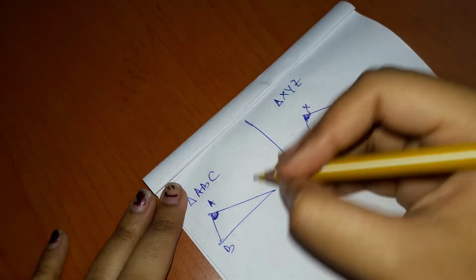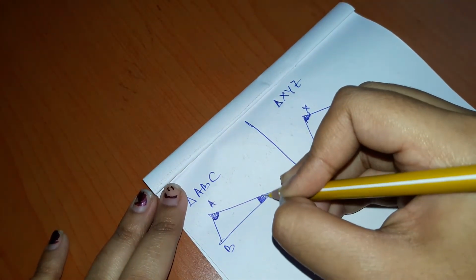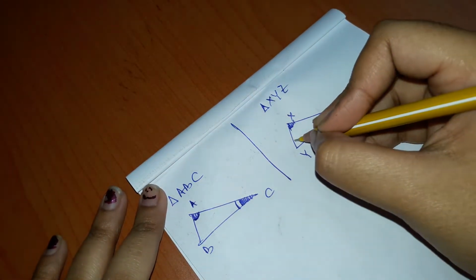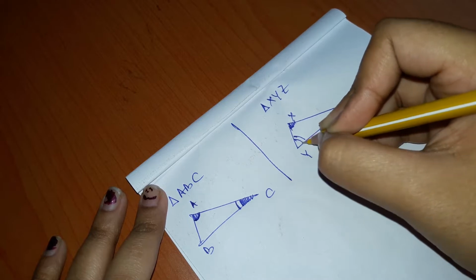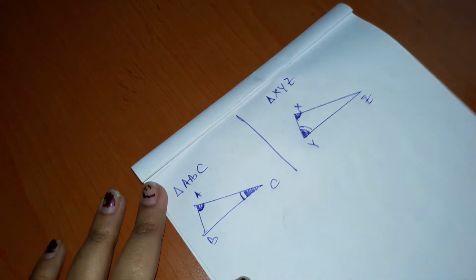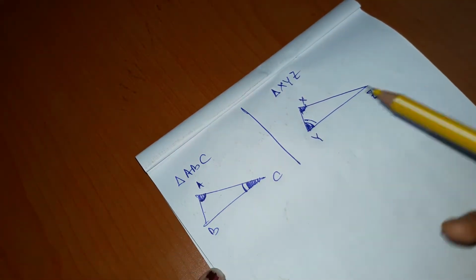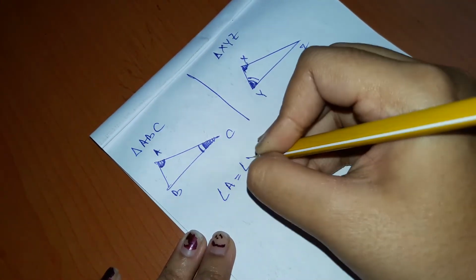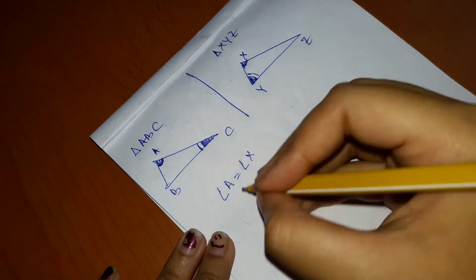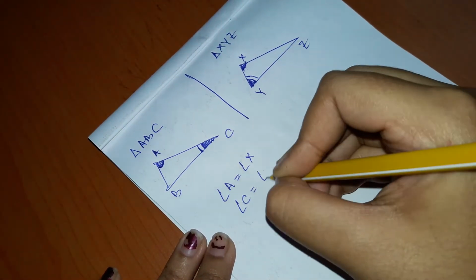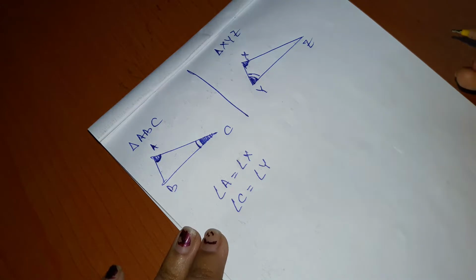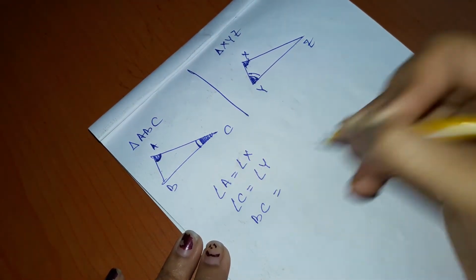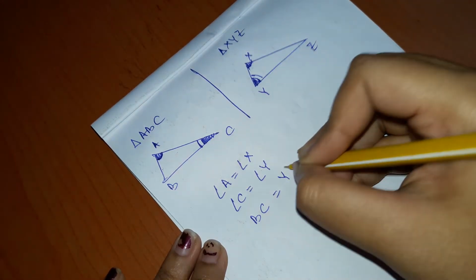And angle C is equal to angle Y. We are simply assuming angle A is equal to angle X, and we are also assuming angle C is equal to angle Y. Another thing, we are assuming that BC is equal to YZ.